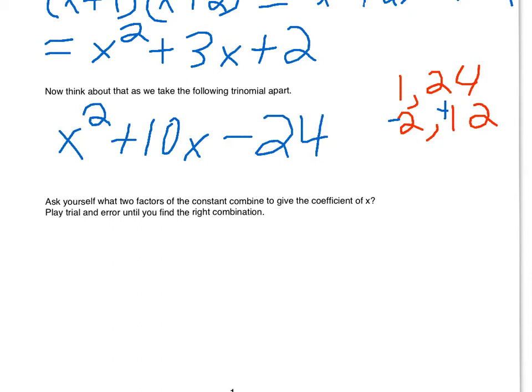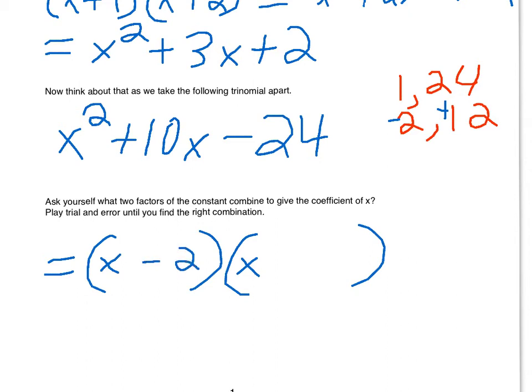So what we'll have to do now is break this down into two binomial factors. The first terms are both going to create the x squared, so we'll use an x and an x. And of course the last two terms multiplied together will give me the 24. So that's where I'll put my two factors of 24, negative 2 and positive 12.